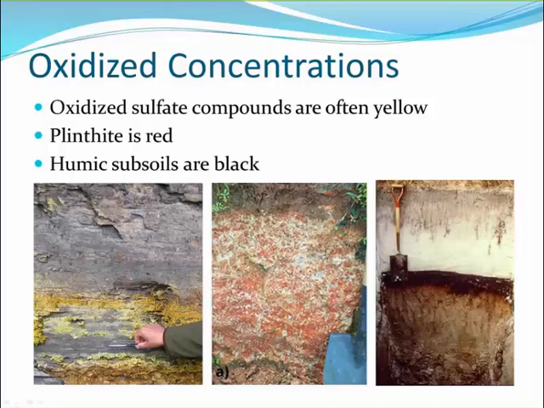Now, there are lots of these colors, patterns in soils that are not cemented, but about 1.8 million years ago, North America was in a more tropical zone. And at that time, this material formed, and it is called Plinthite.